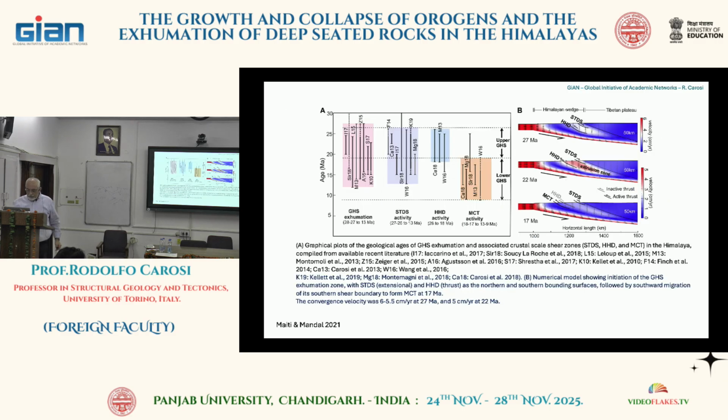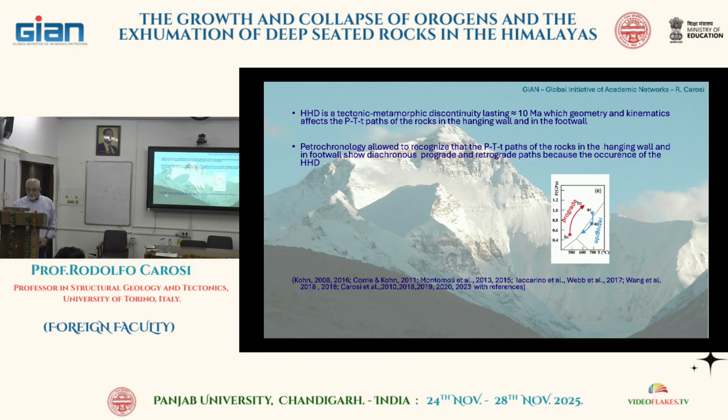So of course, Naiti and Mandal compared the ages of exhumation, South Tibetan detachment, HHD, main central thrust, and PT conditions. So it's a very nice but complex paper because numerical models are usually very complex, especially at the scale of the orogen.